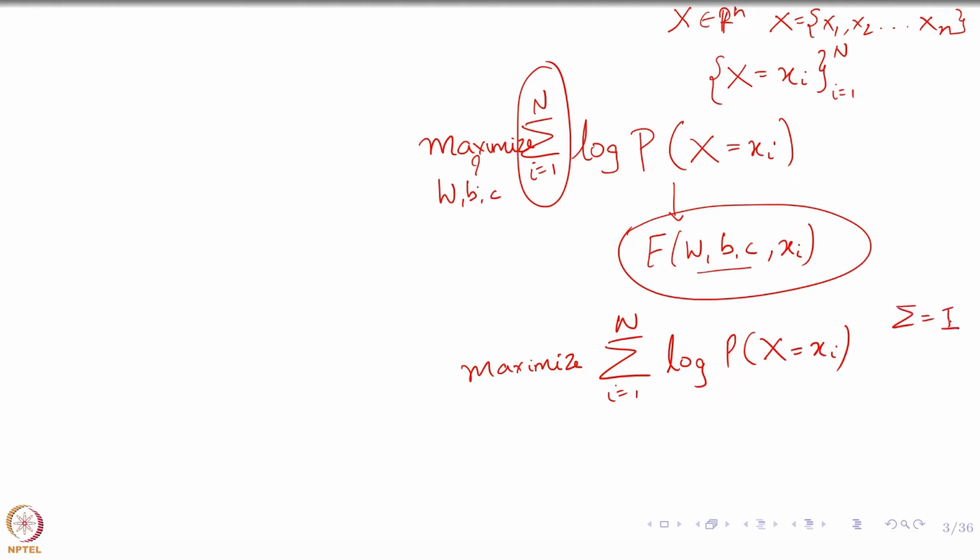That means I don't really need to learn anything in the covariance matrix. Now for a Gaussian distribution, what are the parameters? Mu and sigma, of which I have taken sigma off the plate. I've just assumed that it's I. Now can you tell me what are the parameters of this objective function?